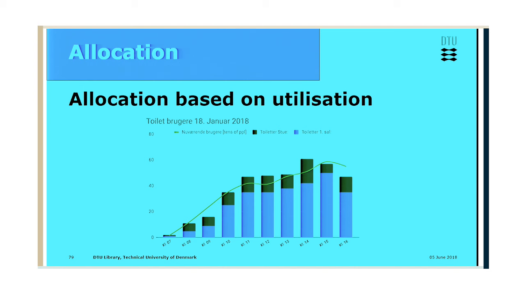But you can see the curve kind of follows each other. But the big difference is between the red and the blue. The red is on the ground floor and the blue is on the first floor. And you can see the toilets, the blue ones, are being used much more than the red ones.